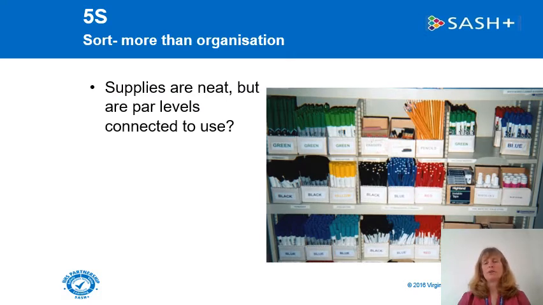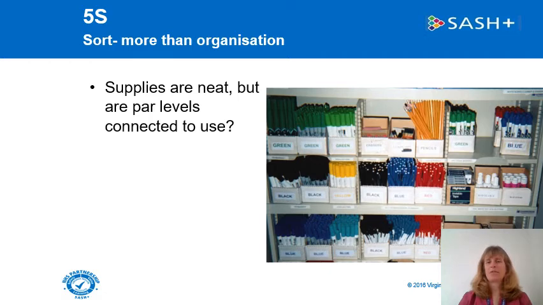So we also say par levels need to reflect demand. A par level is a minimum level of inventory. This should be related to the use. For example, if a ward uses on average 5 sample pots a week, and these are restocked weekly, then they need to ensure they have a week's worth of pots at any one time.